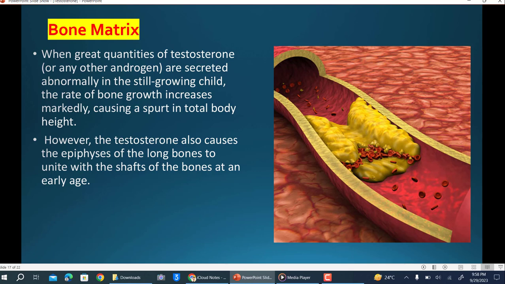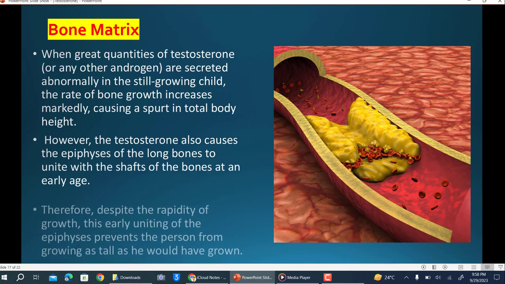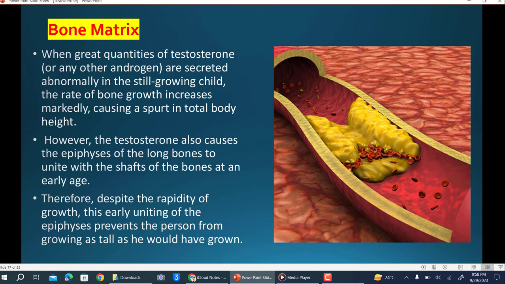On one hand, it causes increased density of the bone, but it prevents excessive height of the body, because the epiphyses of the long bones are fused earlier. It is one of the effects of testosterone that it causes earlier fusion of the epiphysis to prevent excessive height of the body. Therefore, despite the rapidity of growth, this early uniting of the epiphysis prevents the person from growing as tall as he would have grown.